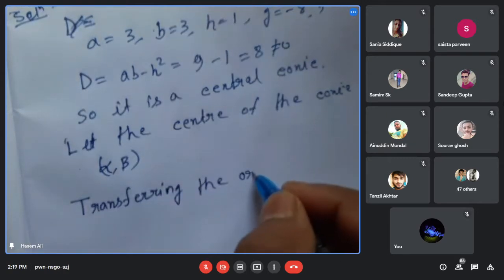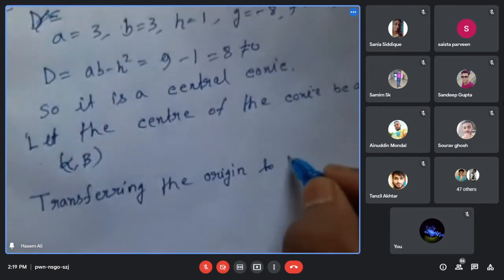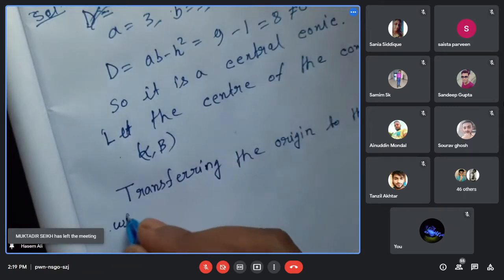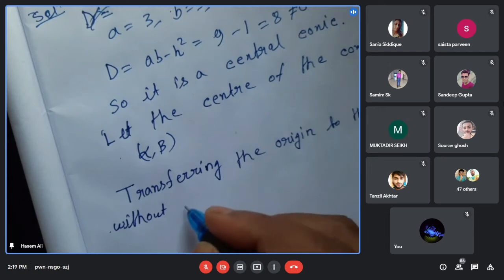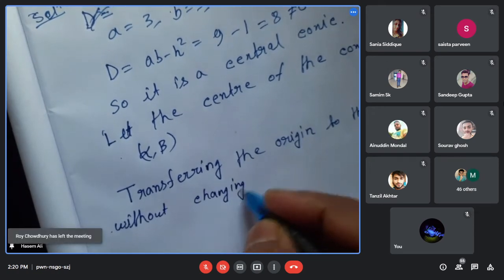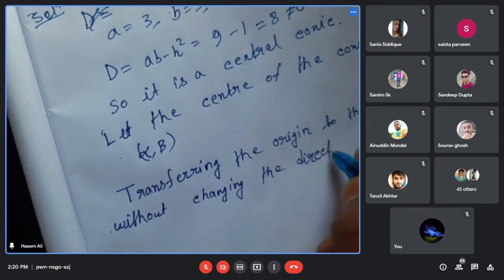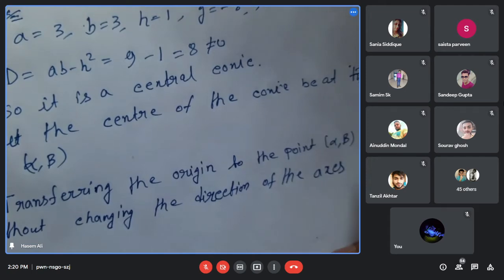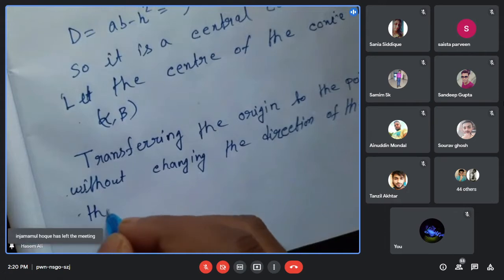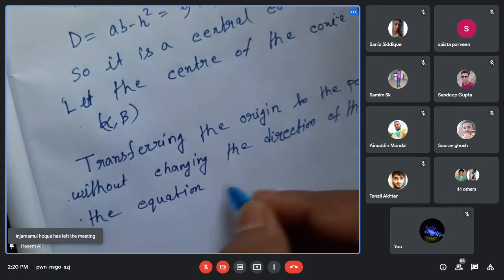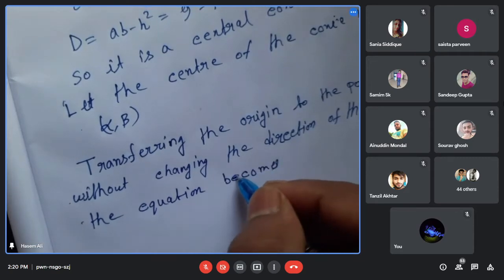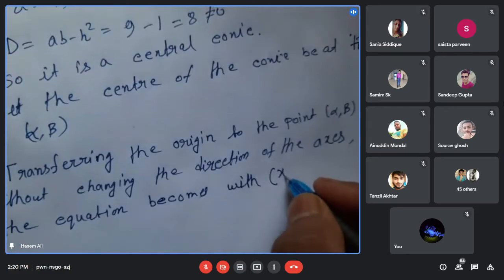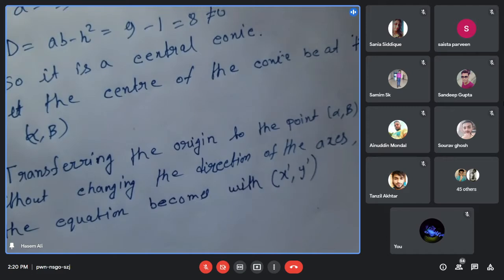Transferring the origin to the point alpha beta without changing the direction of the axes, the equation becomes, with x dash y dash as new coordinates.